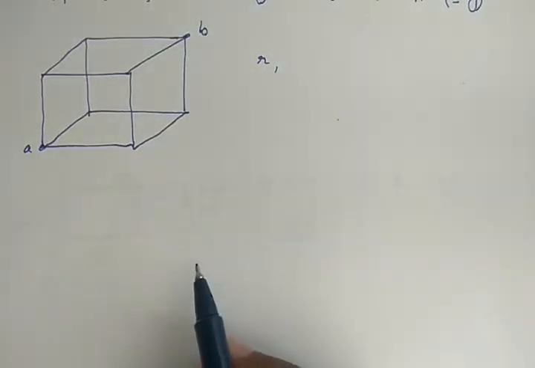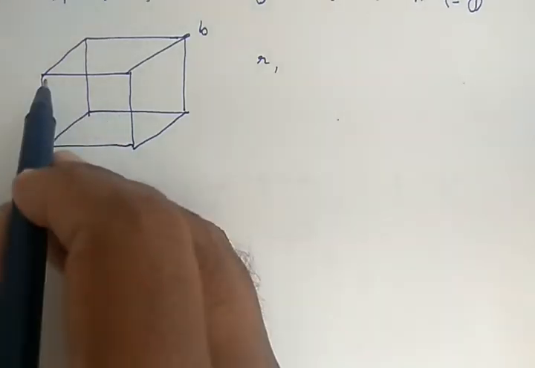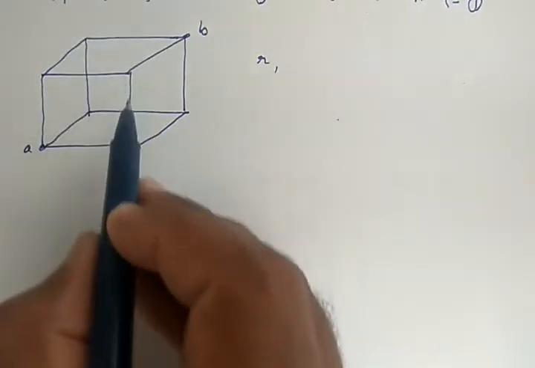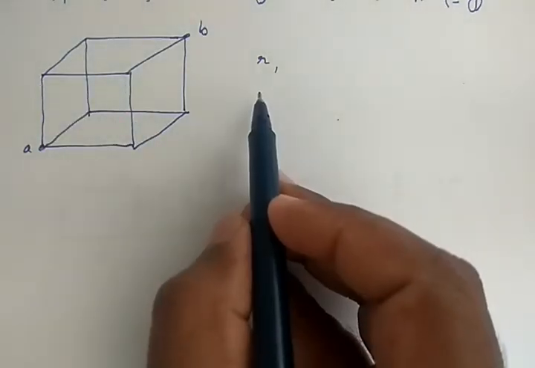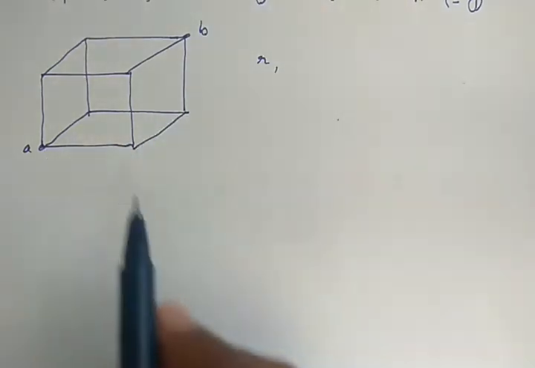These are the 2 points. You need to find the effective resistance of the circuit between these 2 points, and the resistance of each line is R. So find the equivalent resistance between the two diagonally opposite points A and B.